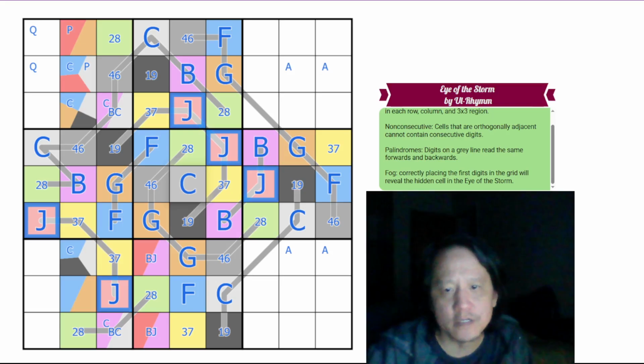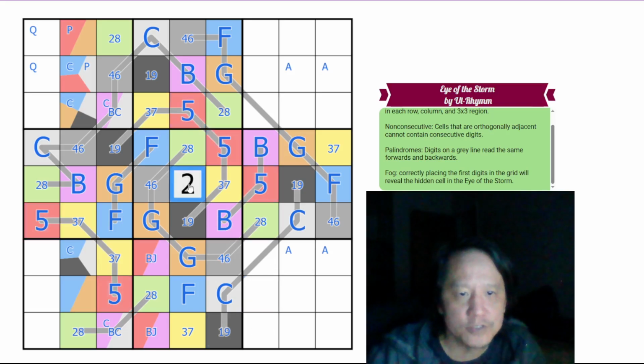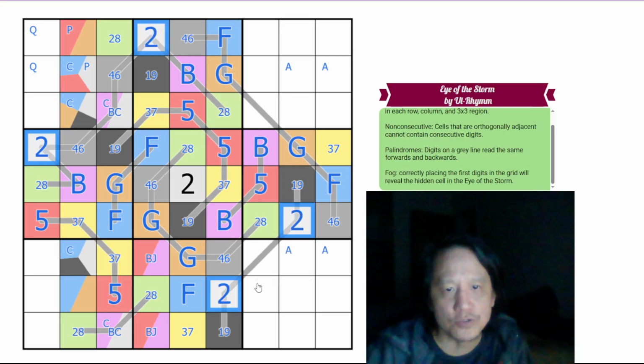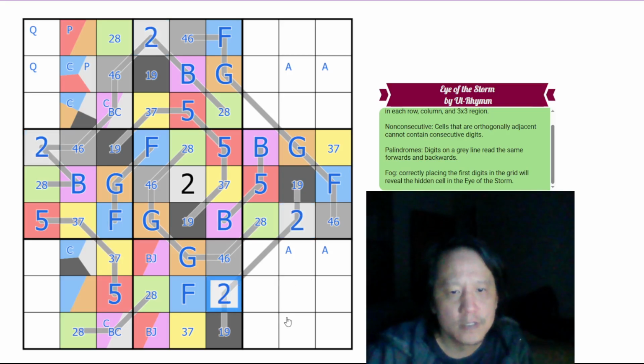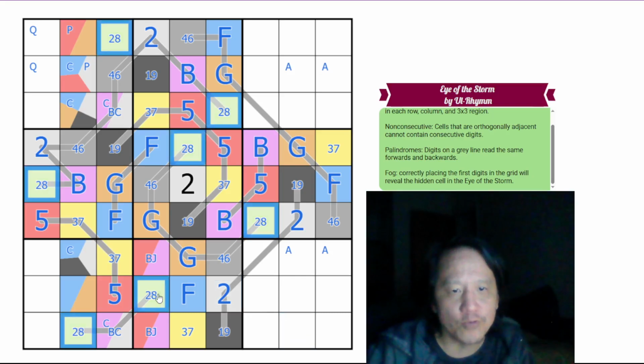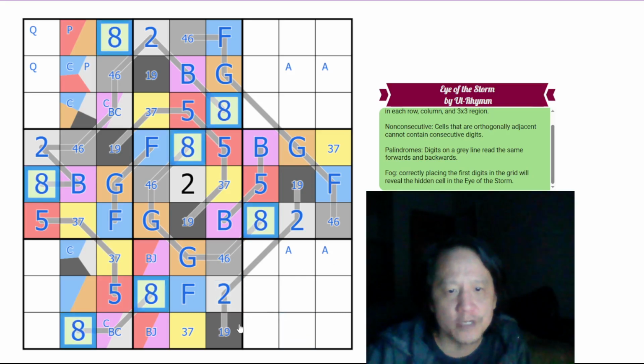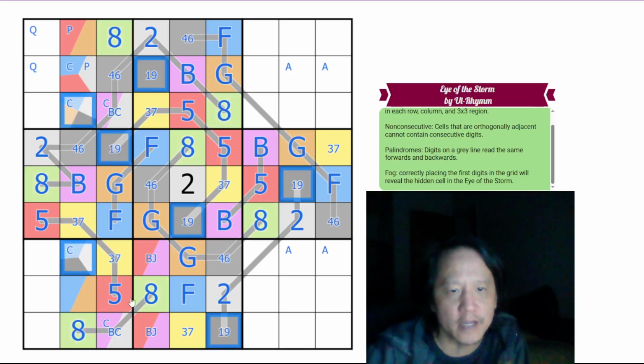So J is a 5. Aha, and that gives us the 2. So C is 2. So we know C has to be 2, which means green has to be 8. So green is 8, dark is 9.